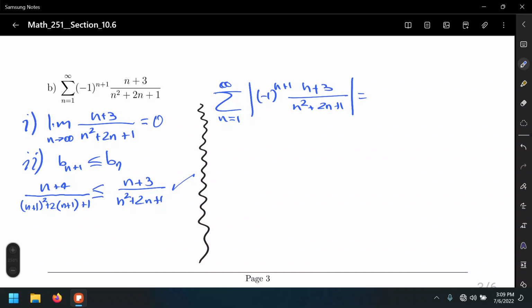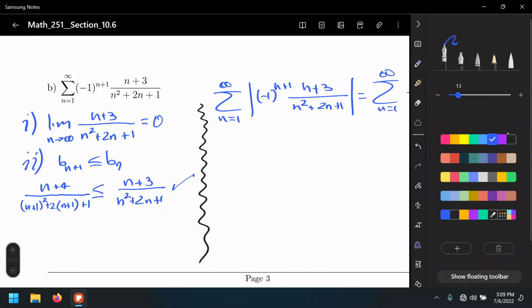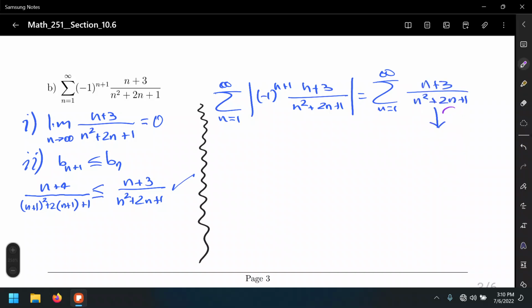Get rid of the absolute value bars by getting rid of the alternating factor: n plus 3 over n squared plus 2n plus 1, and we need to come up with a simpler series. So again, it looks like we will have to use some kind of comparison, isn't it? Okay, let's see if there's anything we can compare it with.